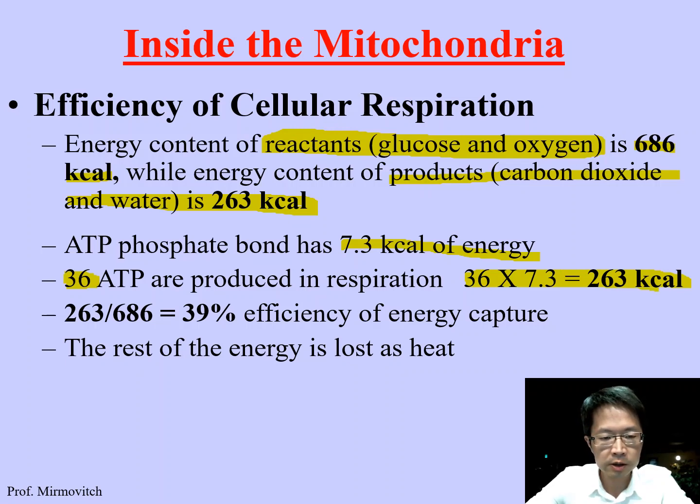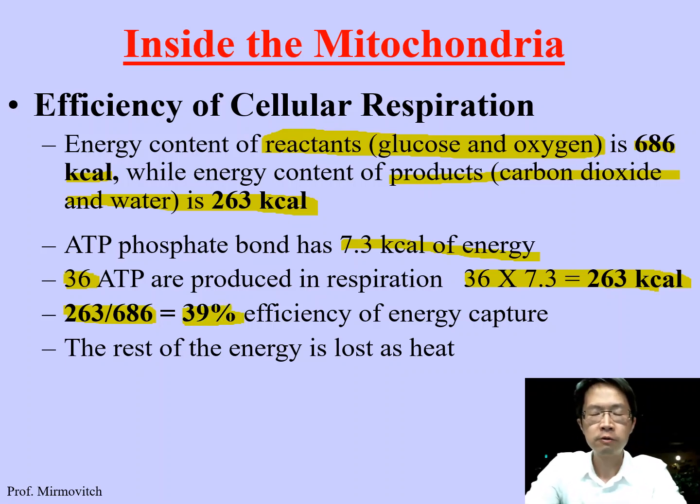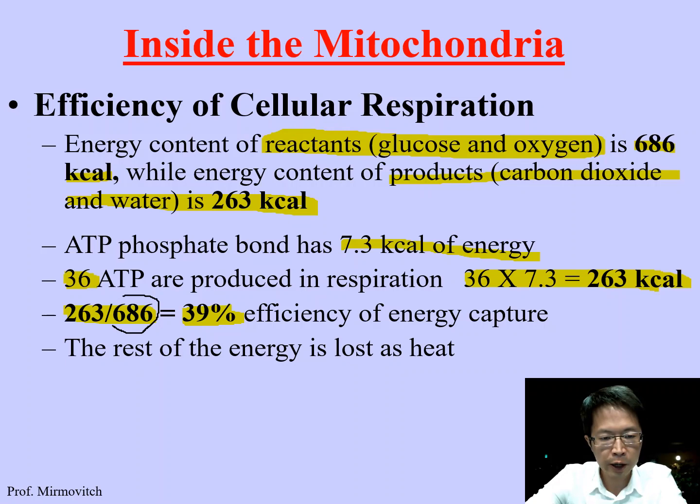So 263 divided by 686 is approximately 40%. Remember in the previous slide we talked about the efficiency being about 40%. That's the reason. 40% of the energy from glucose goes to ATP. So 686 is the total energy from the glucose and oxygen, and 263 here is the energy from the ATP.